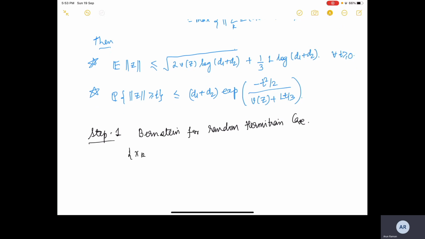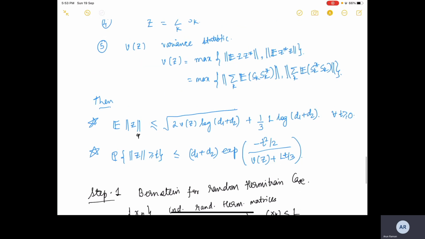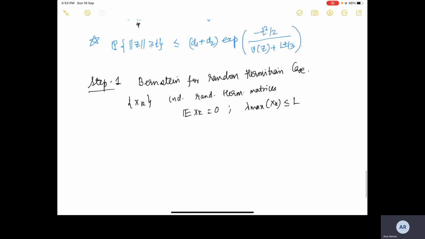So we consider Xk, independent random Hermitian matrices, and expected value of Xk is 0, lambda max of Xk is less than or equal to L. Here, the spectral norm is the largest singular value because Z can be rectangular as well. But here, since we are considering Hermitian matrices, we can freely write it as lambda max.